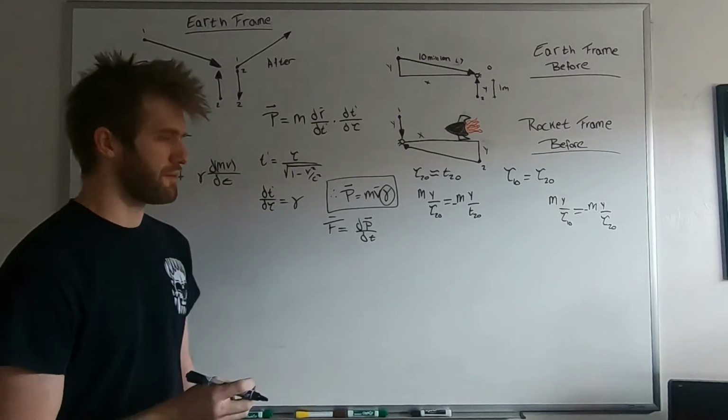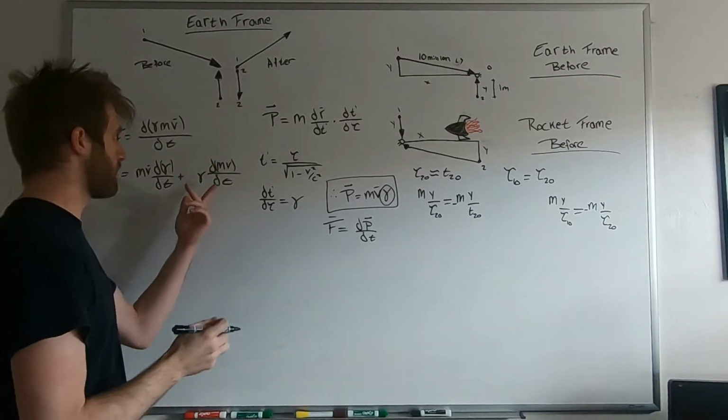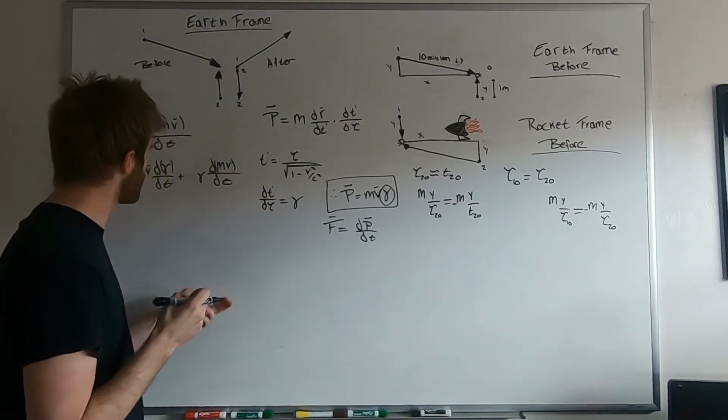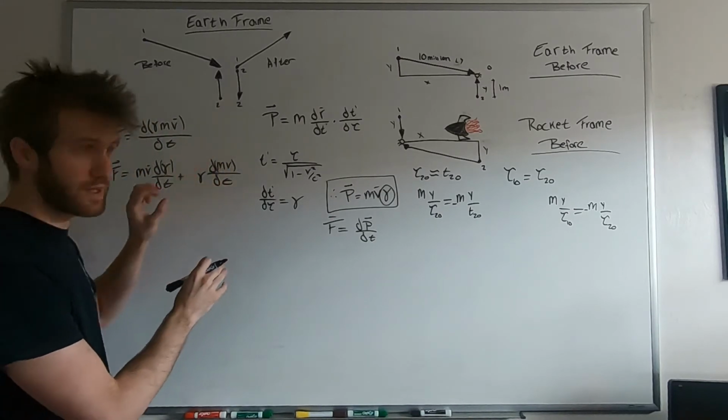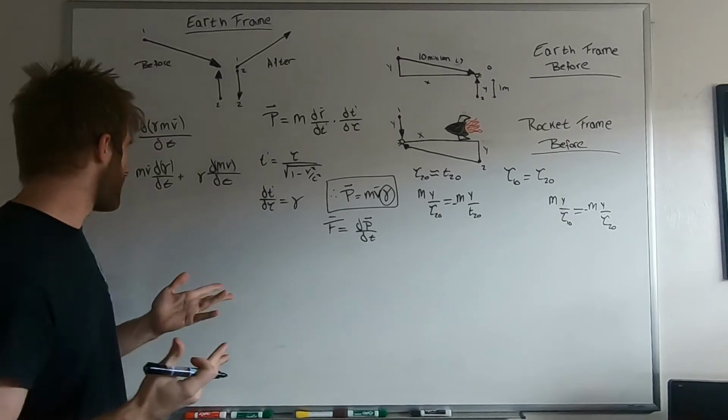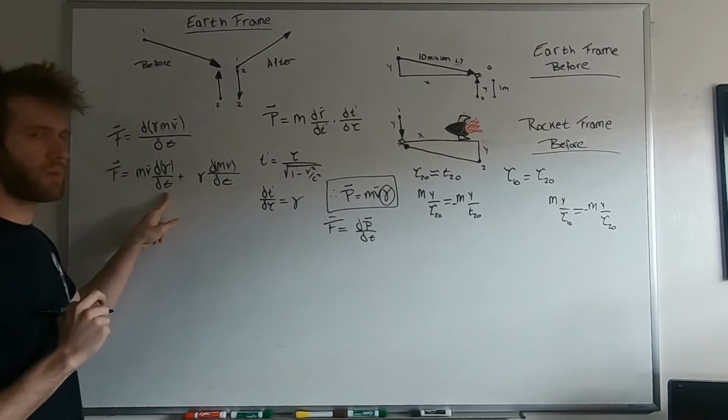Now fortunately our mass is a constant that will be pulled out of our derivative, and all we really need to work on, at least focusing on this particular side, is dv over dt, which is just the acceleration.